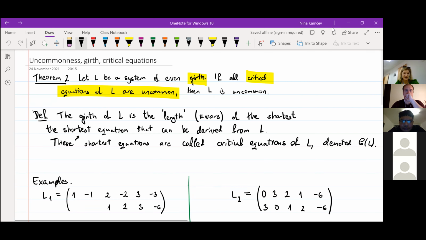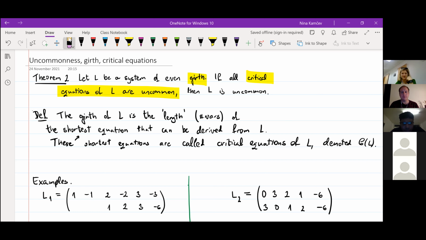This is just a restatement of the theorem. We're interested in what girth is and what critical equations are. The girth of a system L is the number of variables in the shortest equation that can be derived from L. I can see a typo here already. The game is basically, you look at the matrix for L, we'll see some examples.